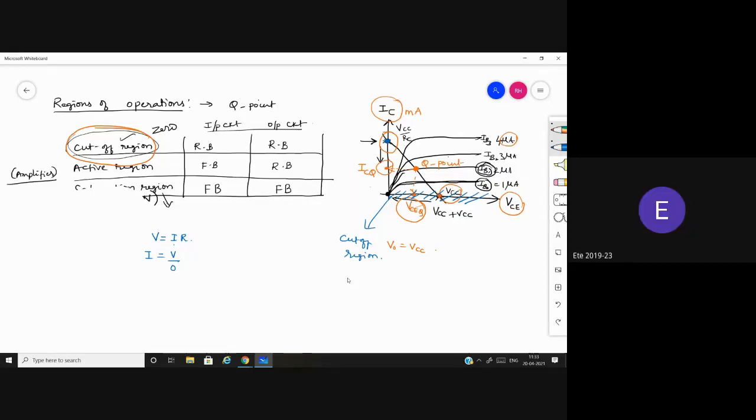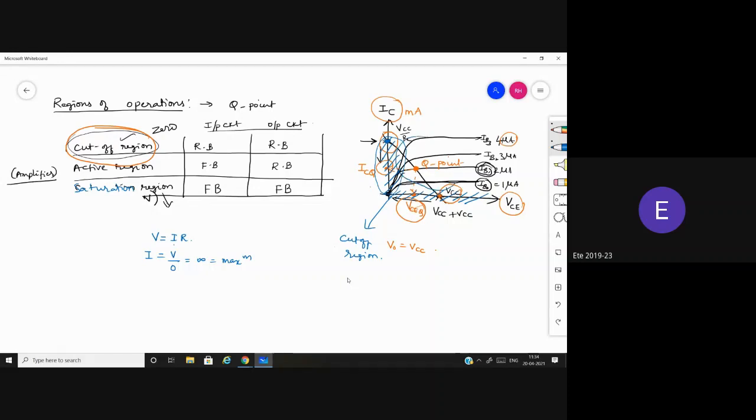Theoretically we say the current will be infinity, that means it is maximum. This is possible only under forward bias, when the transistor is in saturation region. If the operating point lies anywhere here, then the transistor will be acting like an ON switch.